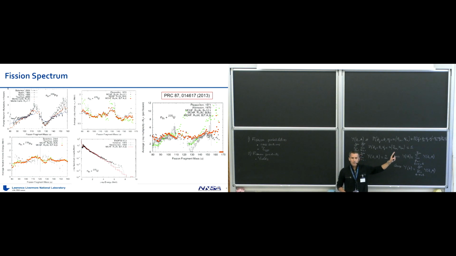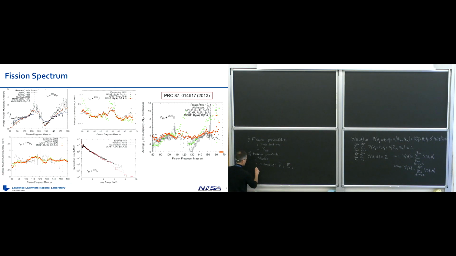This is now a few plots showing the fission spectrum, the prompt fission spectrum. If you remember, the prompt fission spectrum was all the neutrons that have been emitted by the fragment. They are characterized by an average number of neutrons typically noted nu bar, and an average neutron energy. And then there could be other things like angular correlations between the neutrons.